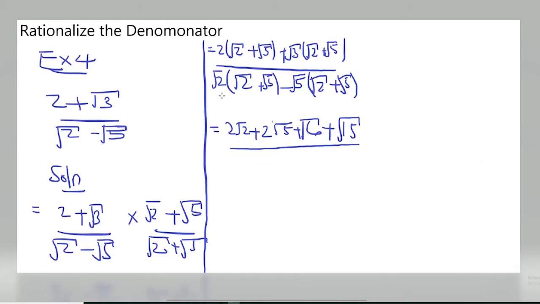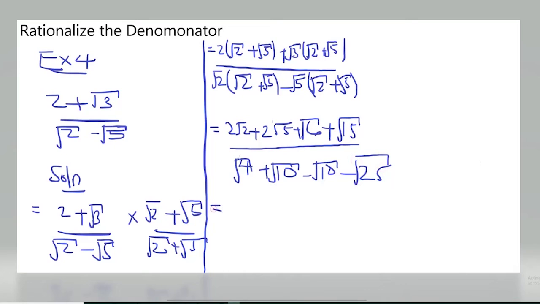Now here, downside here, in the denominator I'm going to have 2 times 2, then I'm going to have root 4, yes, 2 times root 2 plus root 2 times root 5, you're going to have root 10, by multiplying the numbers under the root sign. So minus root 5 times root 2, we're going to have root 10, then minus 5 times 5, then we're going to have root 25.